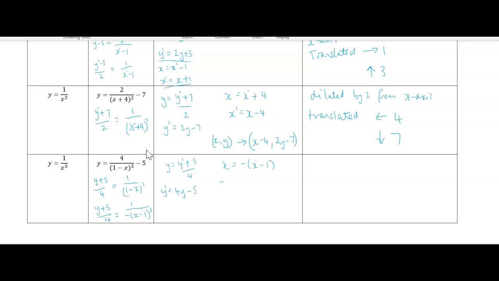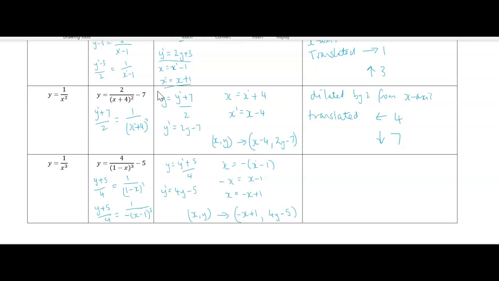And bring that negative over to the left-hand side, and then we're left with x minus 1. So x is equal to negative x plus 1. All right, so our coordinates x, y, if we're looking at our transformations, become negative x plus 1, and then 4y minus 5.